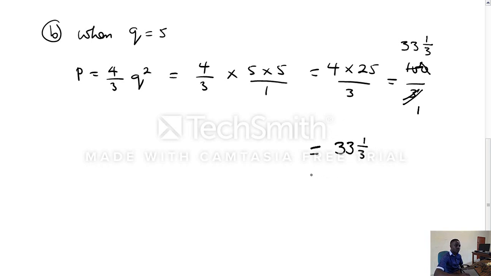But if you want to express it as a decimal, that will be 33.333, and the 3 keeps reoccurring, which we refer to as a reoccurring decimal. So you can just simplify it to be 33.3333 to 4 decimal places.